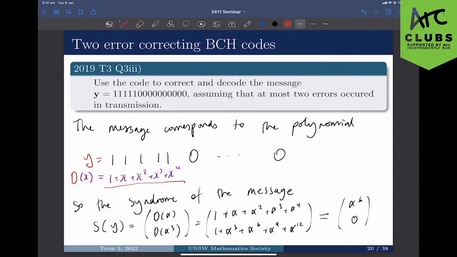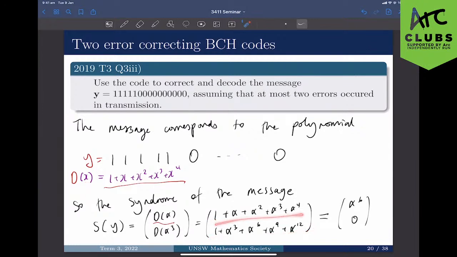When we find the syndrome of the message, first we look at the code polynomial evaluated at alpha, and then we evaluate the polynomial at alpha cubed, since that was the other root we looked at. We sub alpha into this equation, and then alpha cubed, to get these two entries.